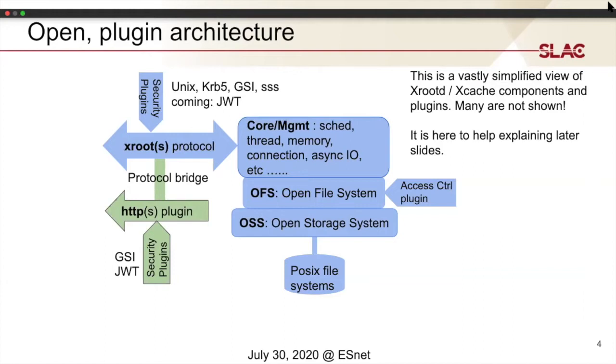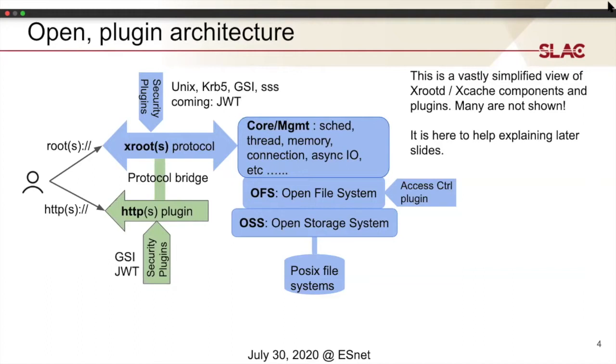So with both protocols, a client can talk to the storage system. At this point, it's still just the storage system with either root protocol or HTTP protocol, or their TLS versions of the same protocol.